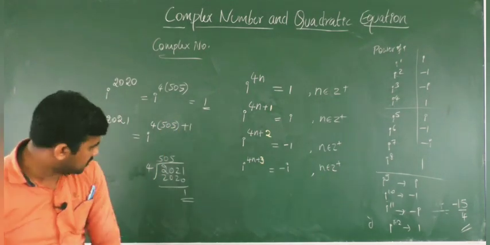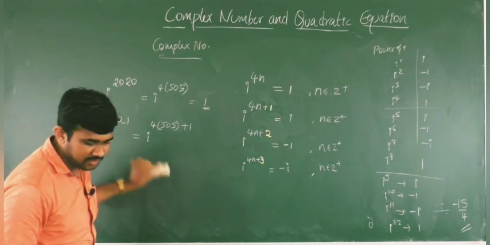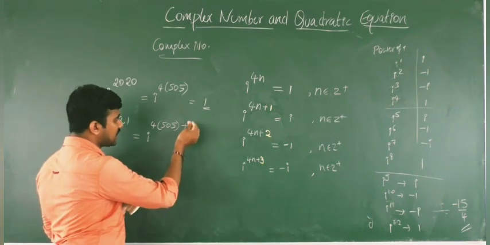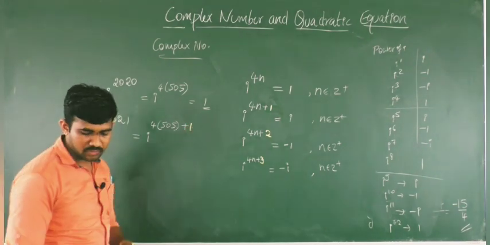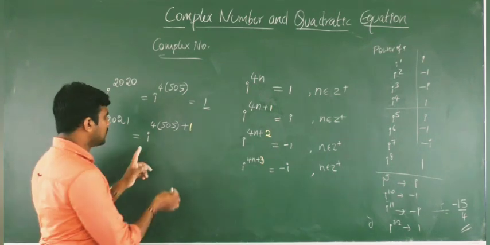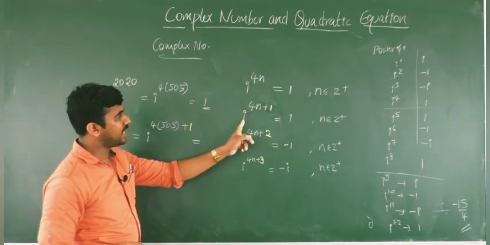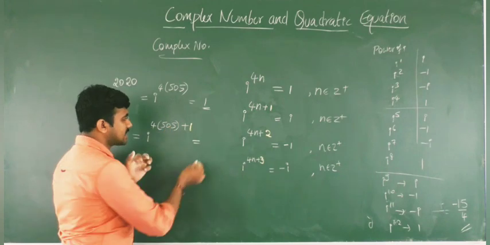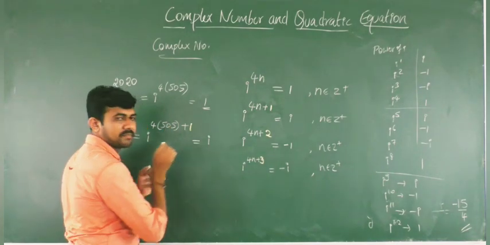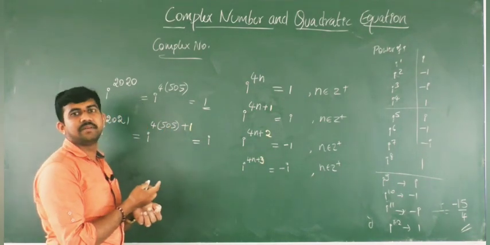Now we can observe that here you have an extra term, that is 1. The remainder is 1, so clearly it is in the form i to the power 4n plus 1, and its value is nothing but i.